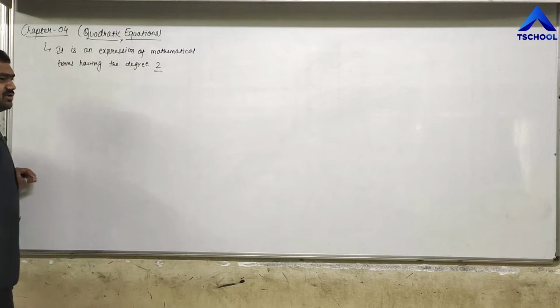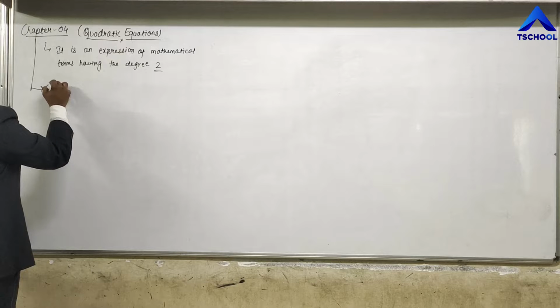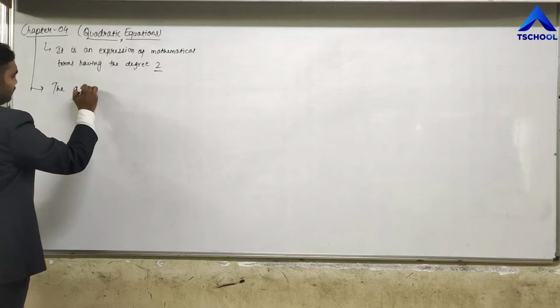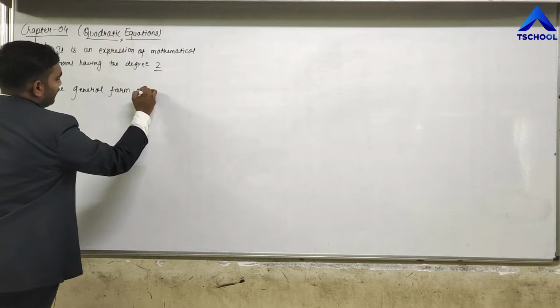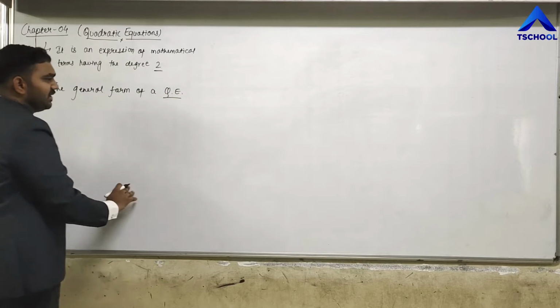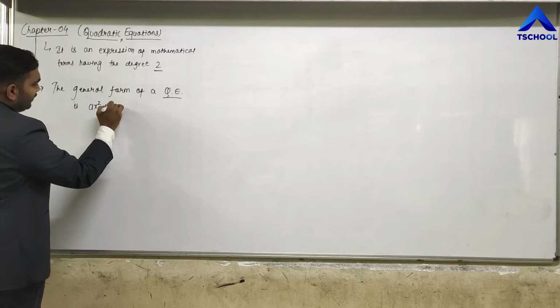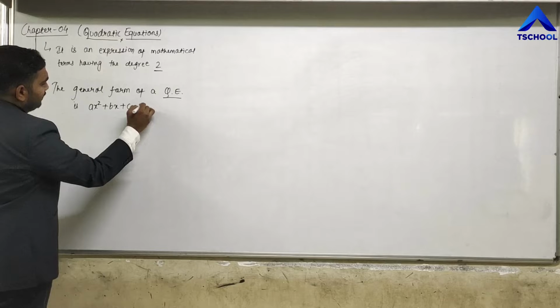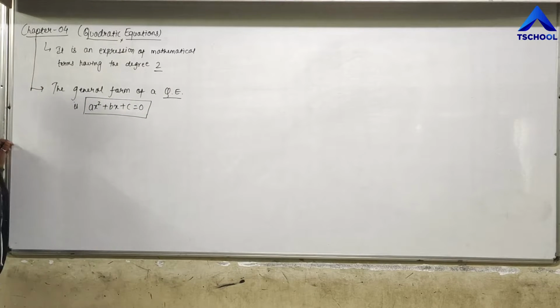So in general we can write down for a quadratic equation that the general form of a quadratic equation, this QE simply means quadratic equation, is ax square plus bx plus c equals to 0. So we have already discussed this, ax square plus bx plus c equals to 0.